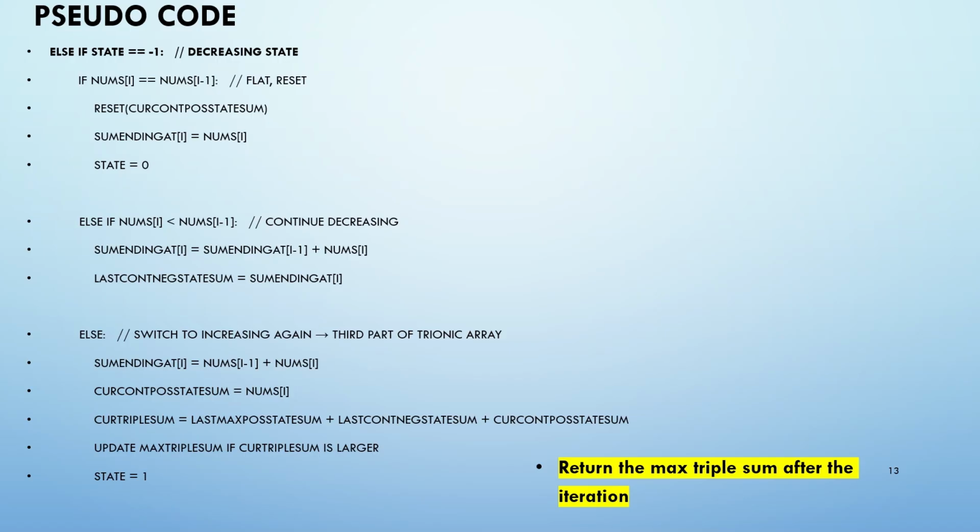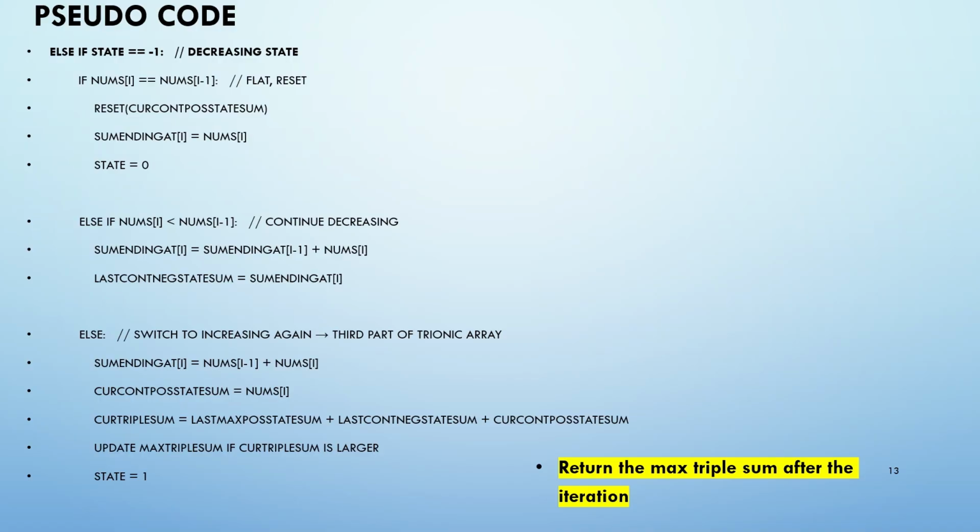Coming to the last state, which is the decreasing state. So let's say you are in the decreasing state and you encounter the same element. It is the same as we have done in the increasing state. If you encounter the same element, that means you will reset everything.